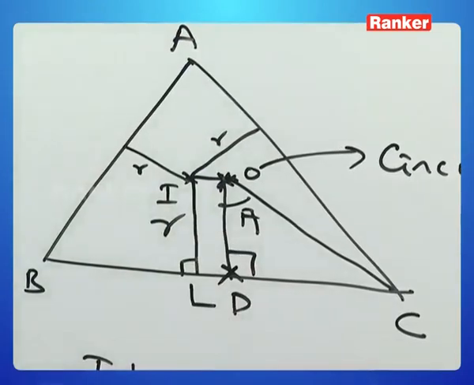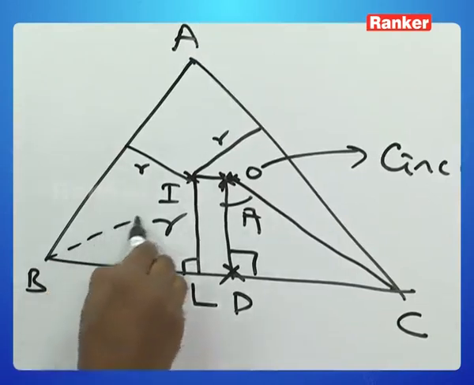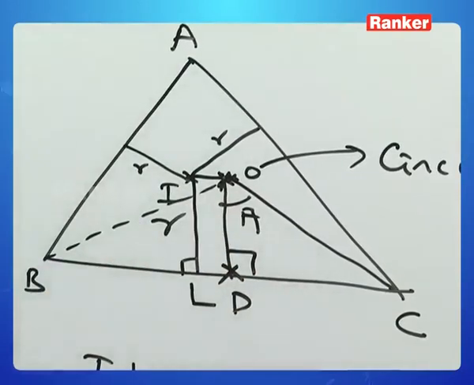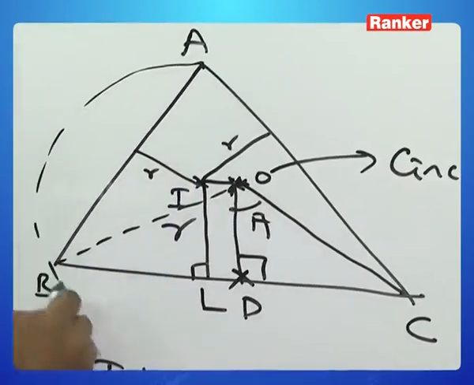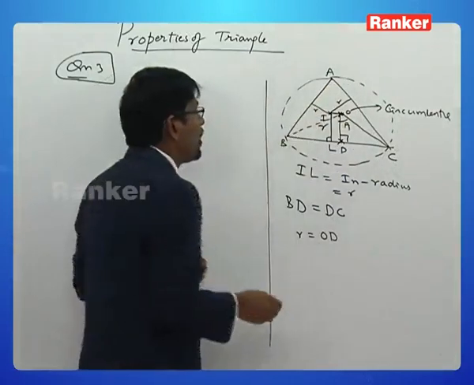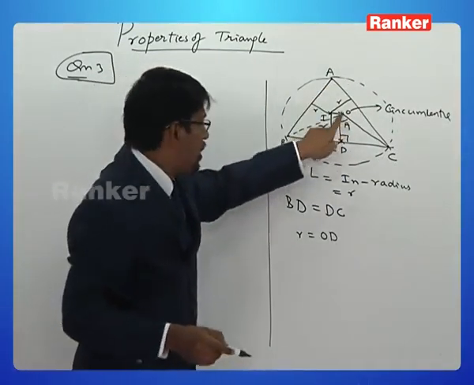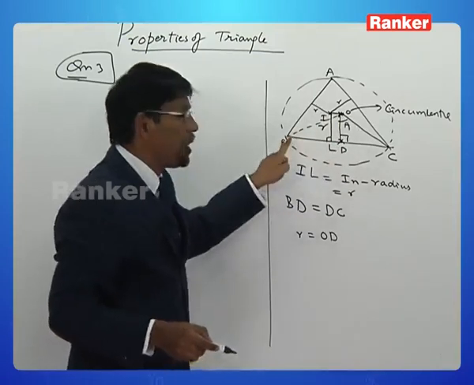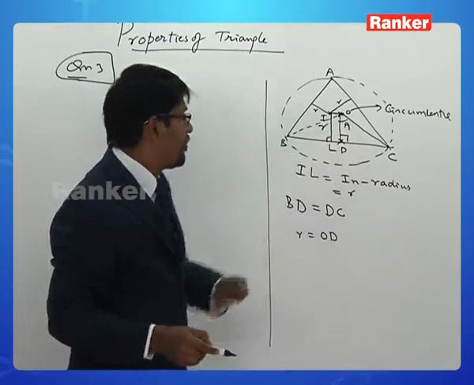The angle subtended by any side at the circumcenter will be twice the angle it subtends on the circumference. Now this angle is A, so this angle here should be 2A. This ODC triangle is congruent to the OBD triangle, therefore you have this angle to be A here.